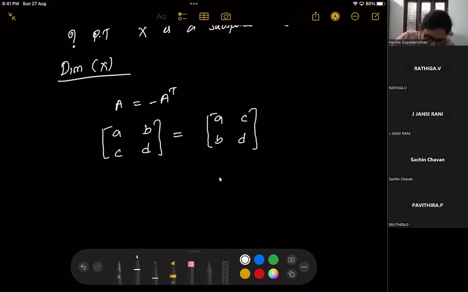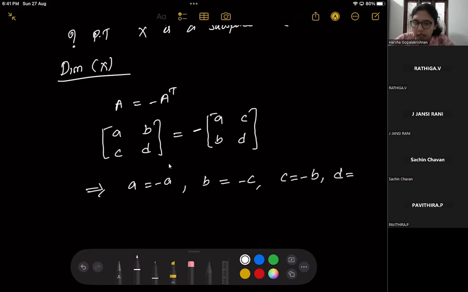So what we get here: equating the first entry, A equal to minus A, B equal to minus C, C equal to minus B, D equal to minus D. Now A equal to minus A. What does this mean? When will A equal to minus A?